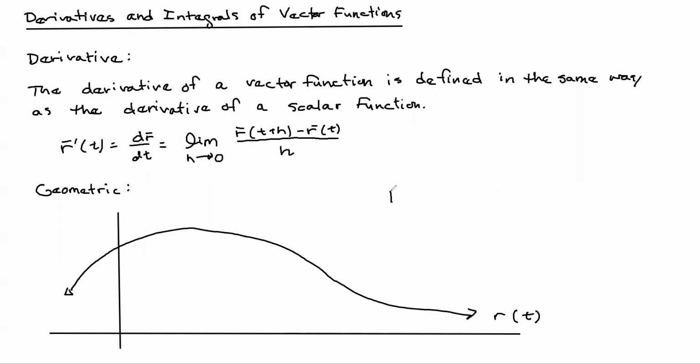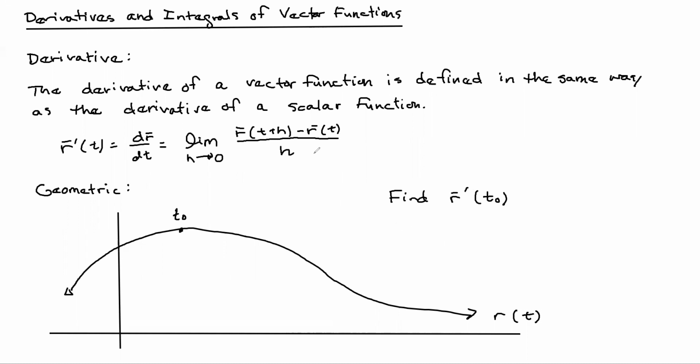So we're looking to find r prime at t naught. We're going to need a specific value, so let's pick a spot and we'll say this is t naught. Then if you plug t naught into the components, what do you end up getting?